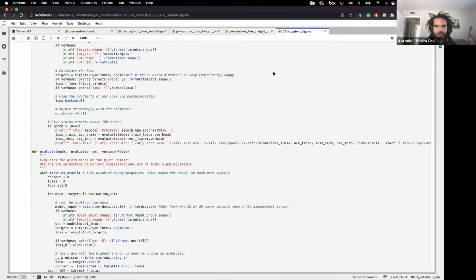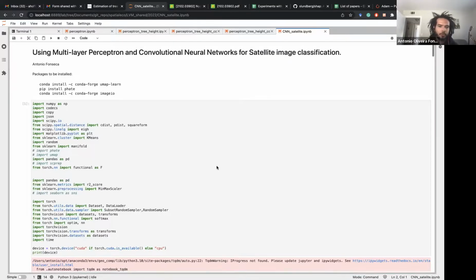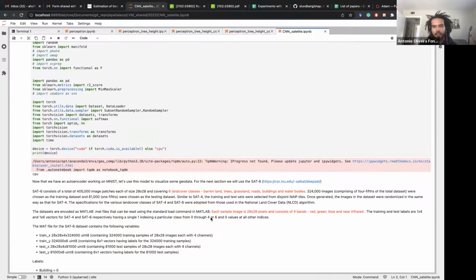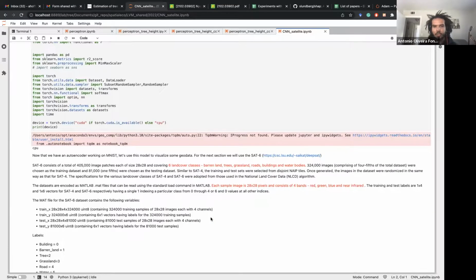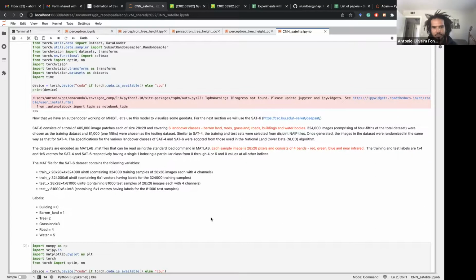Now you should have one more notebook. Today I'm going over 2 notebooks with you. This one uses a multi-layer perceptron and convolutional neural networks. For this test, we want to see if we're capable of using the simple neural network first to analyze an image-based problem.